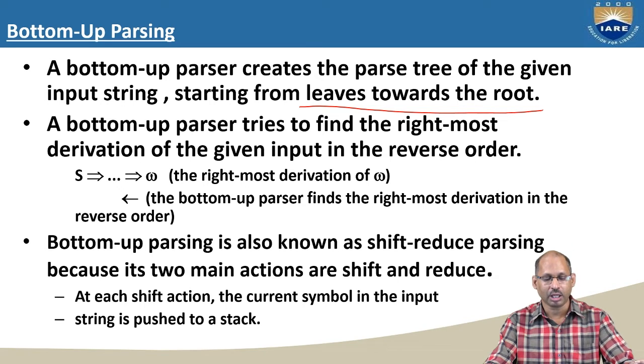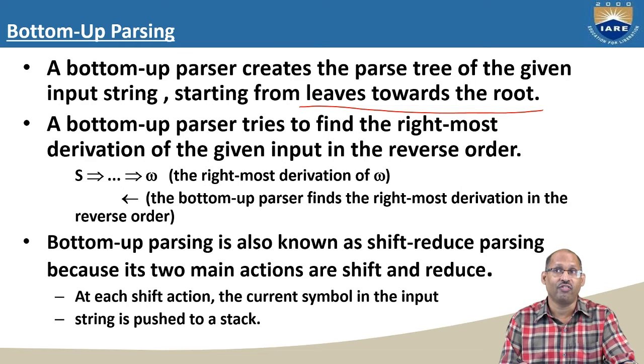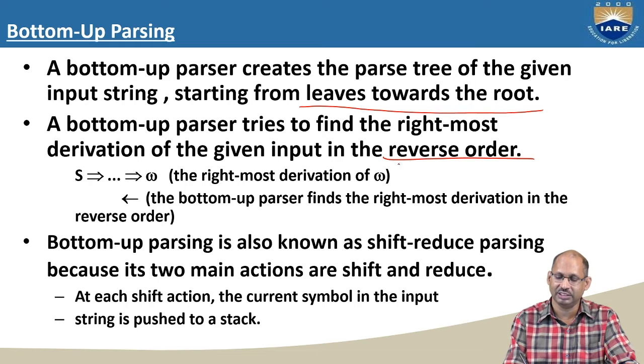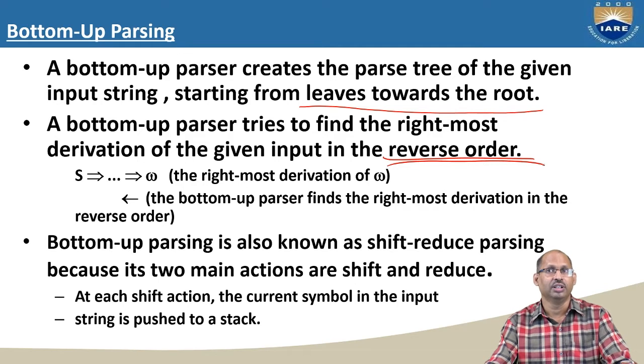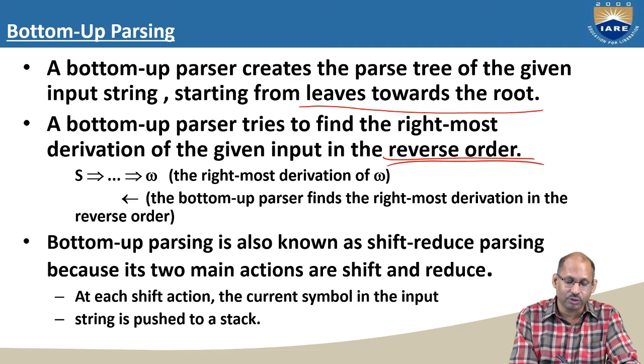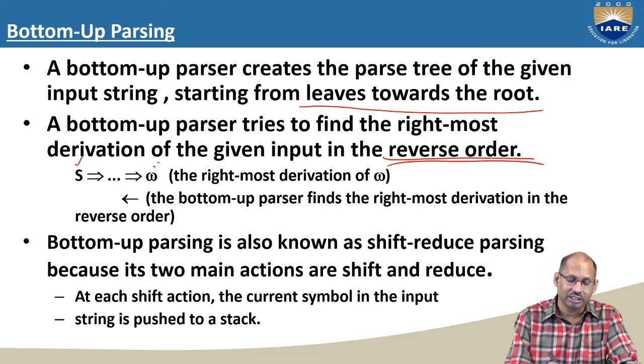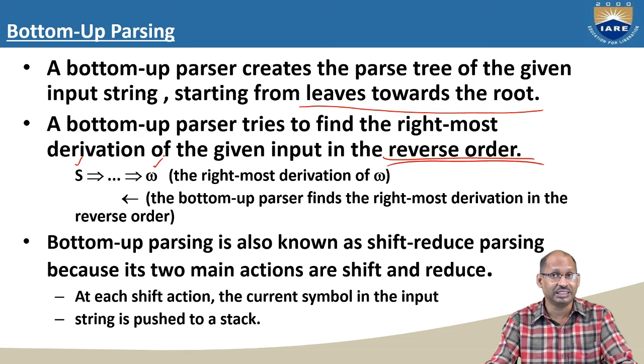So the bottom-up parser tries to find the rightmost derivation of the given input in reverse order. We consider the same rightmost derivation of the given input string, but in reverse order. For example, S is the starting variable and W is a sequence of terminals of the given input string.